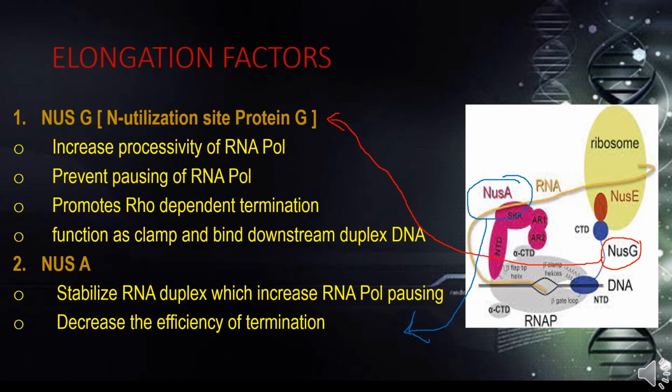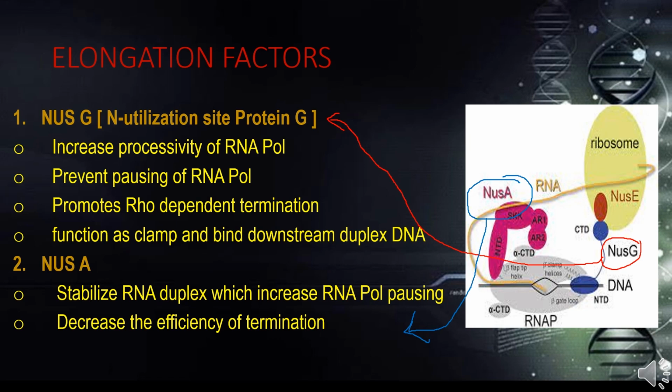Then we talk about elongation factors. There are three main elongation factors discussed here: NusG, NusA, and Gre proteins. NusG means N-utilization substance protein G, NusA is N-utilization substance protein A, and Gre proteins A and B. First one, NusG.